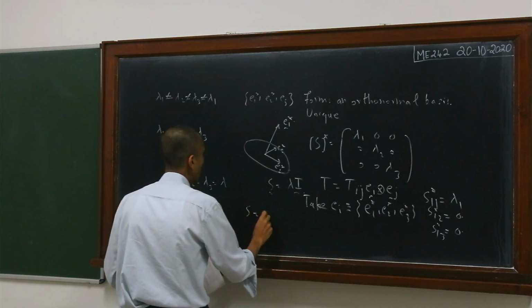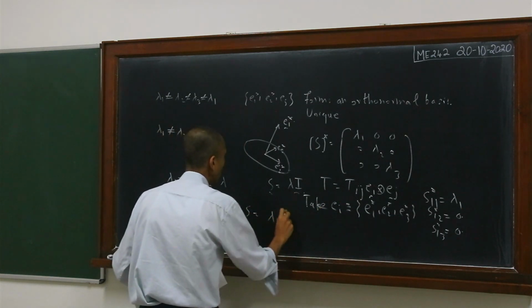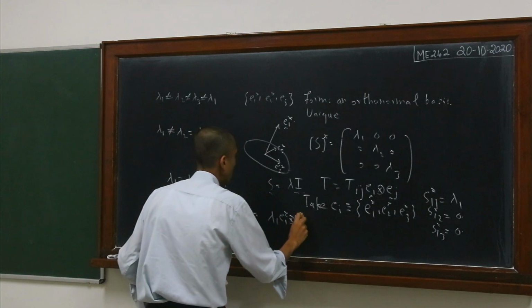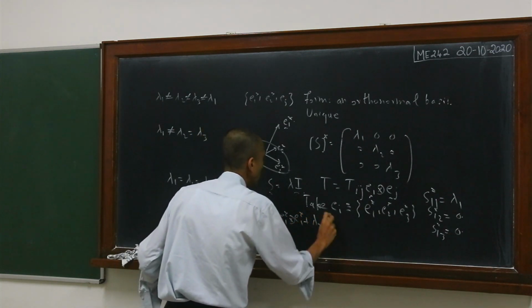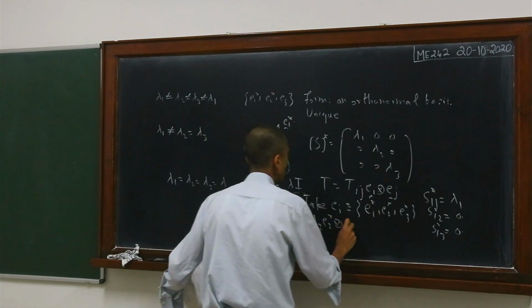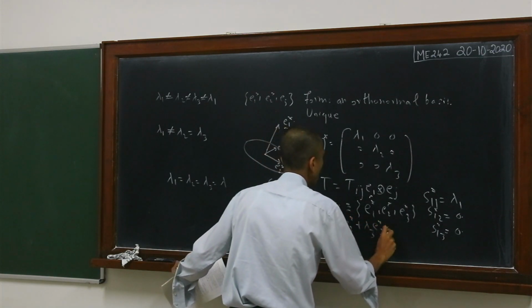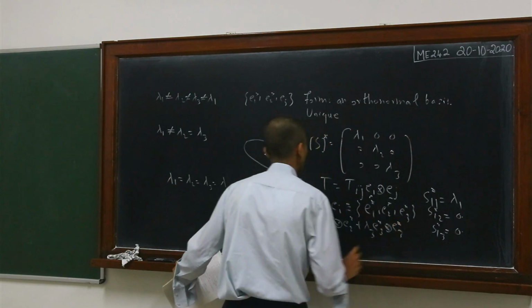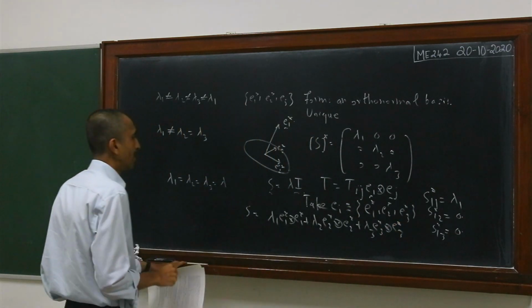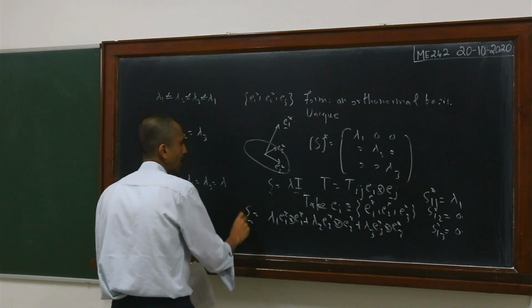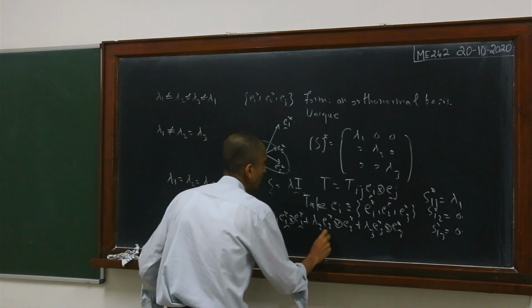If I express the components in this form, then I can write S as equal to lambda 1 E1 star dyadic E1 star plus lambda 2 times E2 star dyadic E2 star plus lambda 3 times E3 star dyadic E3 star. So this is a very important result, and it is known as the spectral decomposition.